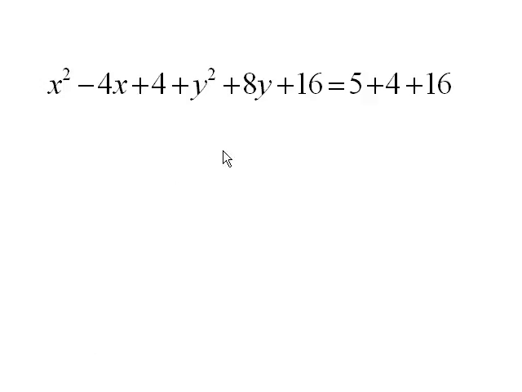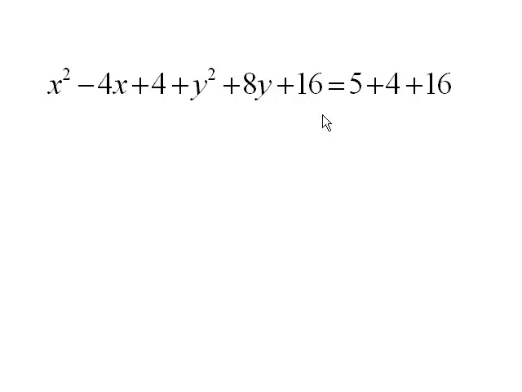So I'm going to rewrite the equation and balance it with a constant of 4 going with the x squared term by completing the square, and a constant of 16 going with the y squared term by completing the square. The original constant on this side was 5. We add 4 to both sides.